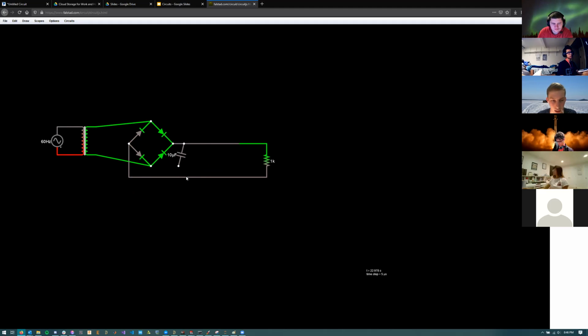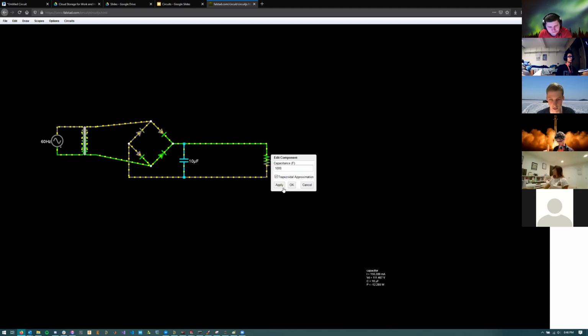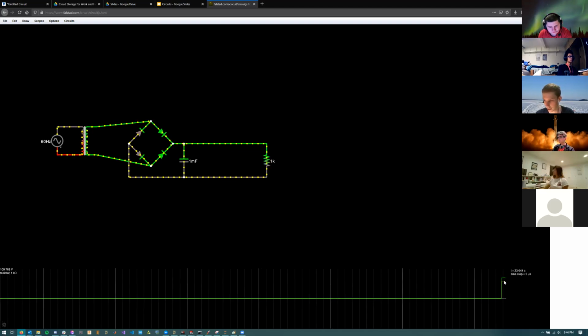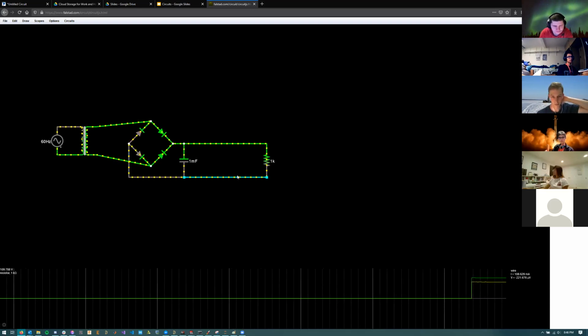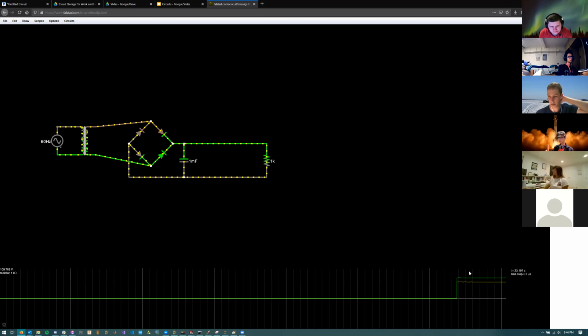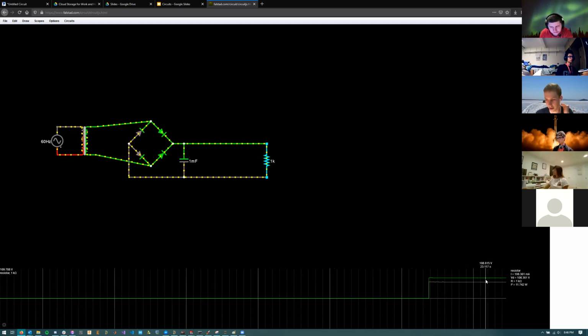However, if I delete those grounds and draw these wires here, increase this to 1,000 microfarads, and view and scope, you'll see now we have our ground. And our output voltage with 1,000 microfarads, or 1 millifarad, gives us a very smooth output voltage very close to the input voltage.